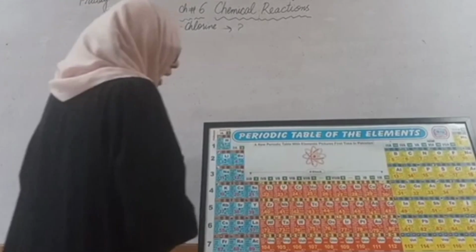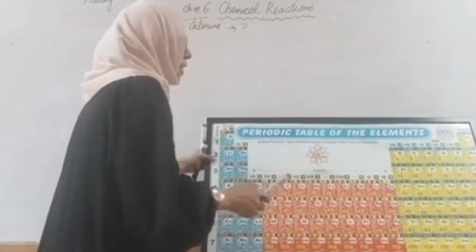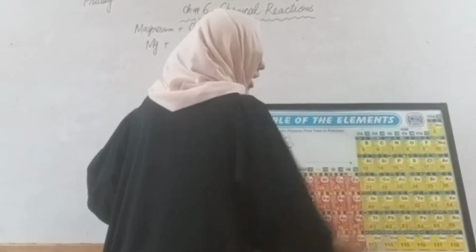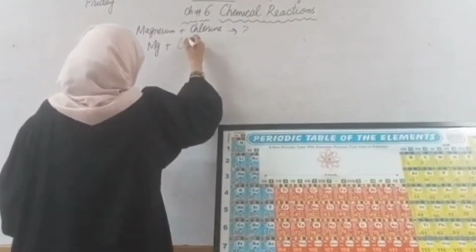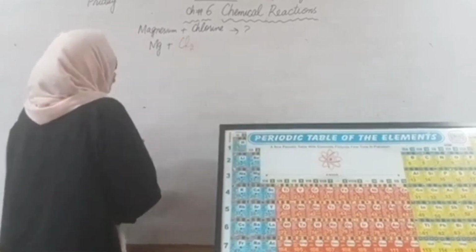You can get an idea from the table as well. Chlorine is in this group. It has the symbol Cl, and it's a gas, so we will write the true form Cl2.